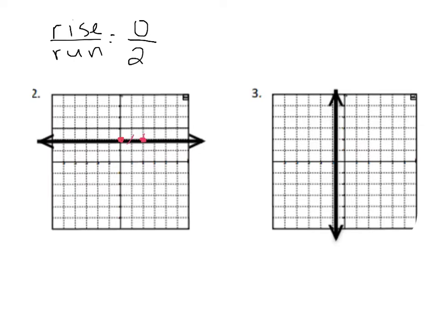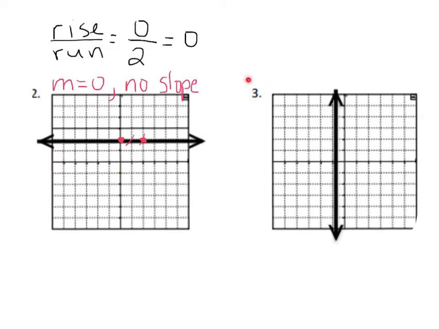So you could say 0 over 2, but 0 divided by any number in the world is still going to give you 0. So any horizontal line is going to have m equals 0 or no slope.